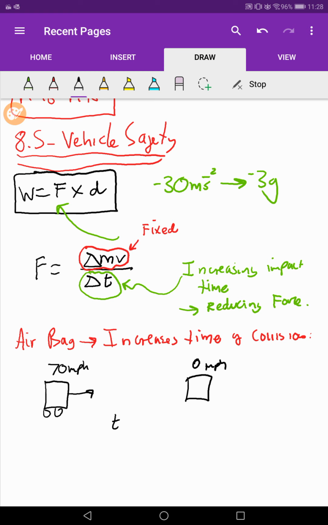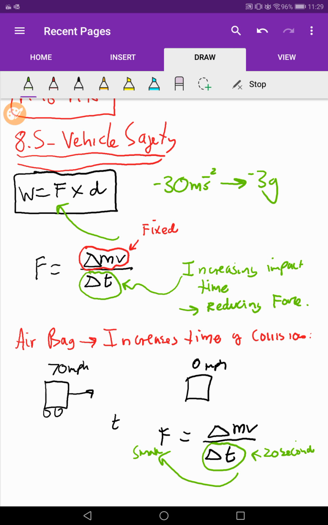What force did you feel? Well, the force you felt was the change in momentum, which is the mass of the car times the change in velocity, divided by the time it took. Now, the time that it took for you to go from 70 to 0 was probably like 20 seconds, right? So which means that force is quite small.